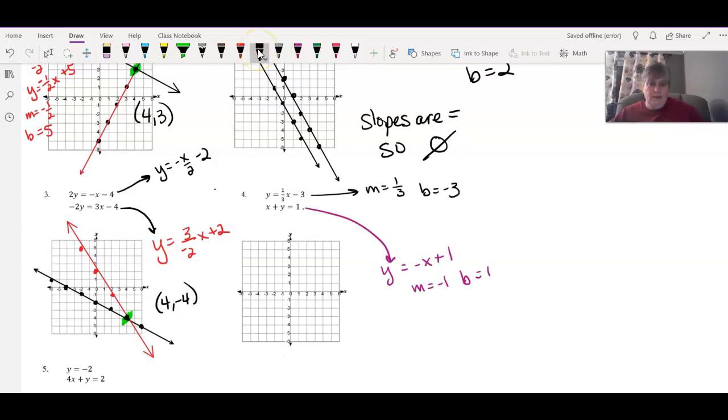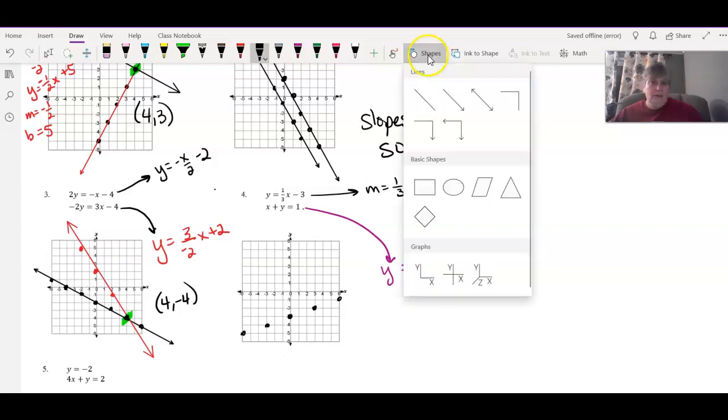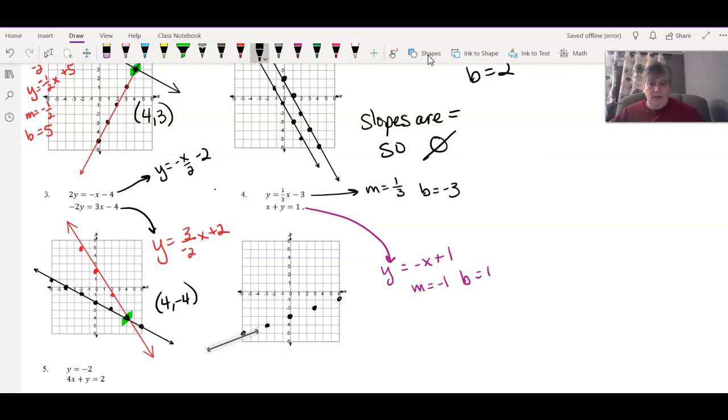Okay, so when you graph this first one, you should have found B was -3. And I'm going to go up 1/3. And then I'm going to go down 1/3. Okay, so we're going to draw our line, connect, oops. Messed up. Let's try this again.